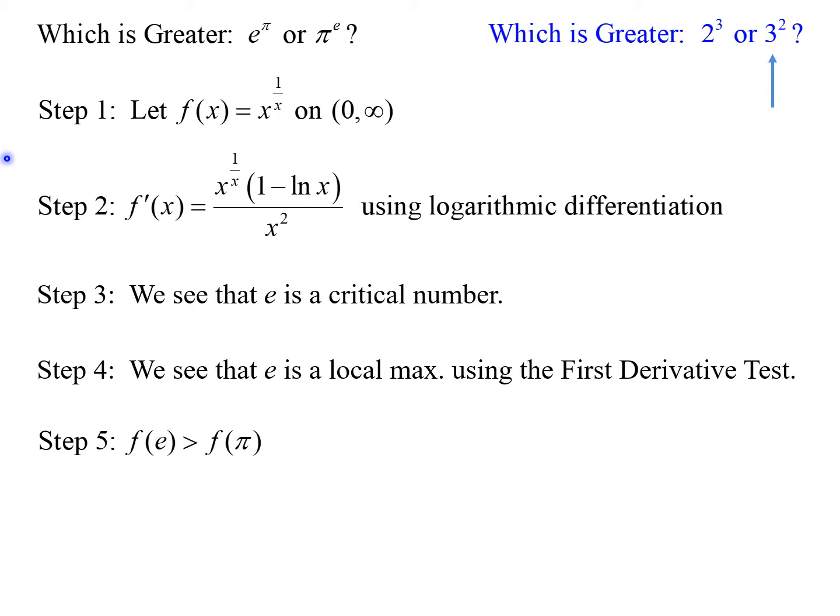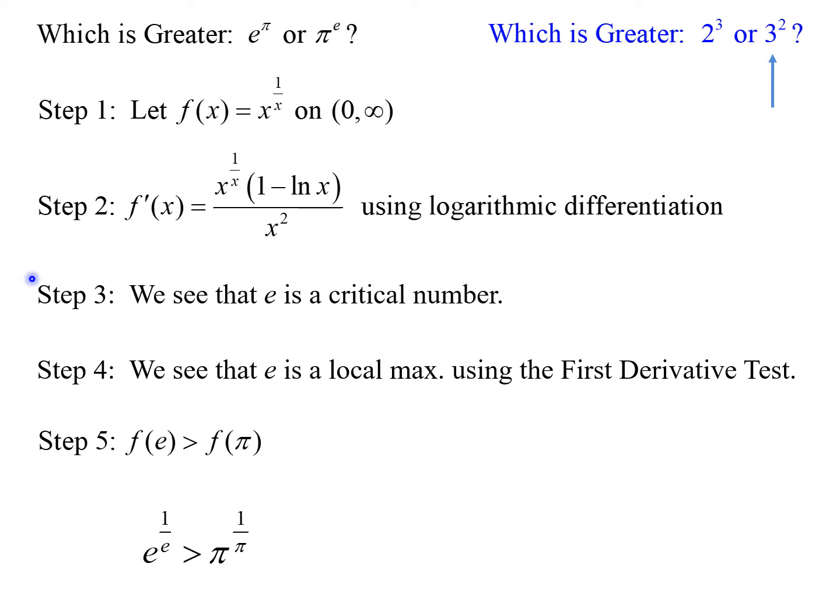Well, what is f of e? F of e, you plug e into the original function, so it's e raised to the 1 over e, and f of pi is pi raised to the 1 over pi. I hate saying this, but I'm going to say it. E raised to the 1 over e is greater than pi raised to the 1 over pi. And we did this without using a calculator.